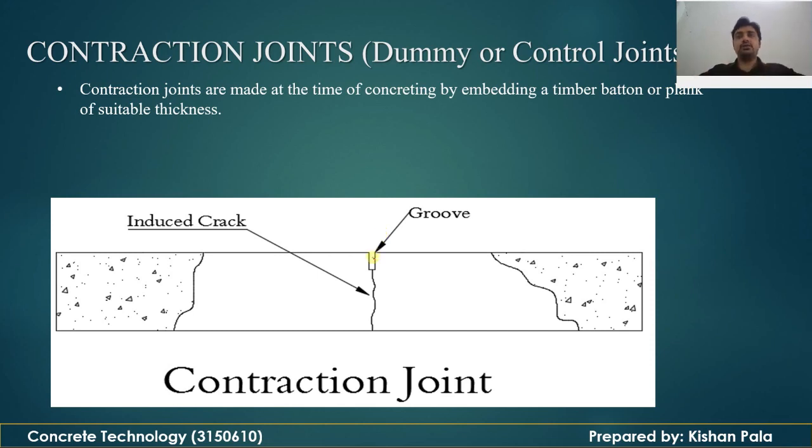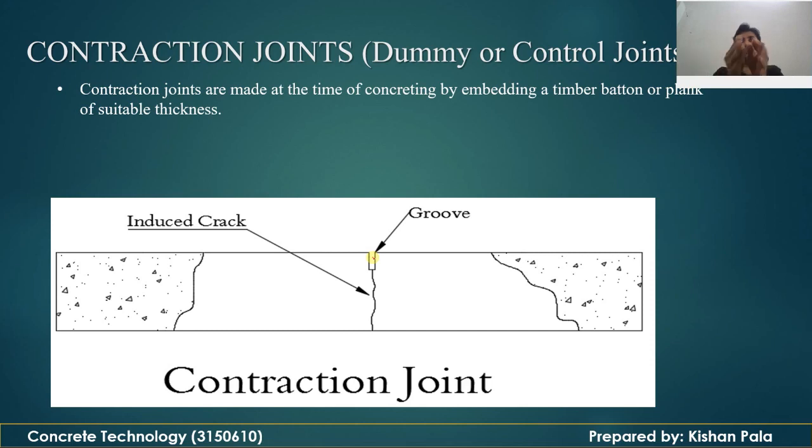For example, you are casting a slab or beam, then you have to provide the timber plank or timber batten, and you can also provide thermocol on the concrete slab. We just have to place it, and after hardening we have to remove that portion. It means you get the grooving of the concrete. So this is the contraction joint.